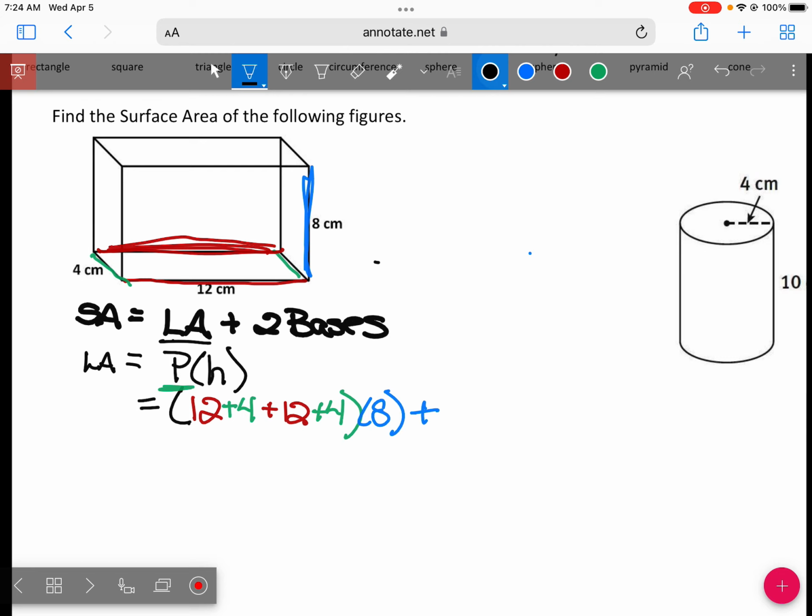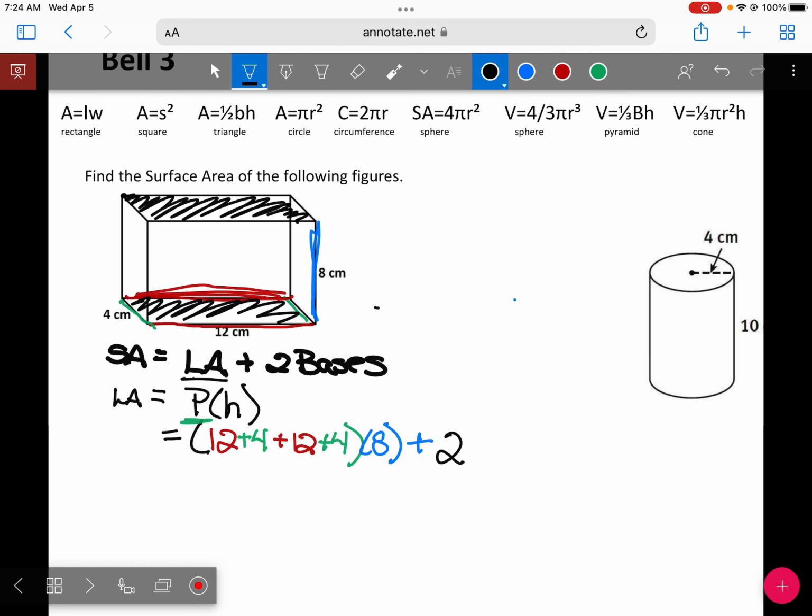my two bases, the top and the bottom. So 2 of these, and my top and bottom happen to be of what kind of shape? Rectangles. So these are rectangles, and the area of a rectangle is length times width.